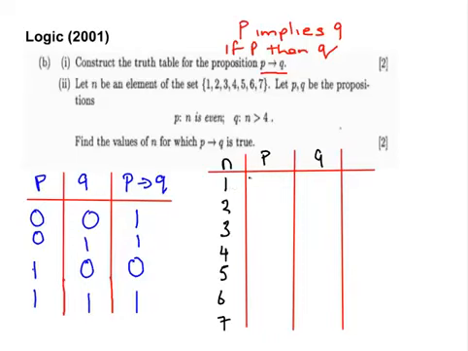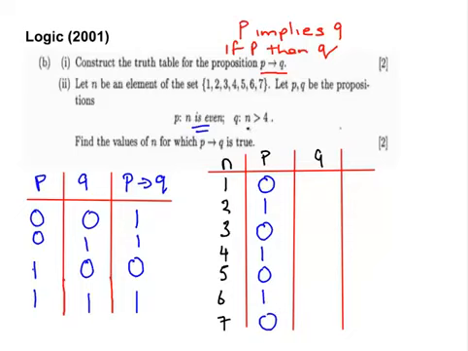We'll do P first, and that P is n is even. Well, 1 is not even, so we're going to put a 0 there, that's false. 2 is even, that's true, so put a 1. 0, 1, 0, 1, and 0. So alternating between zeros and ones.